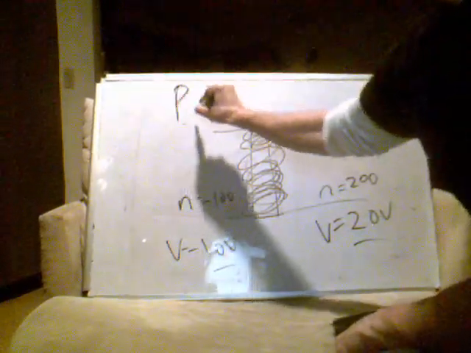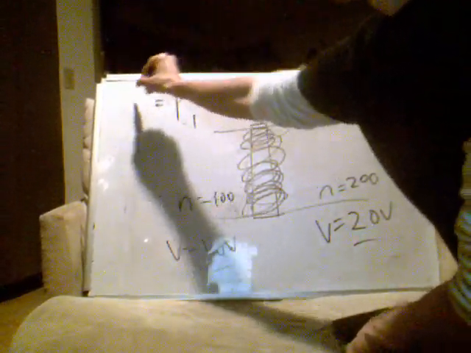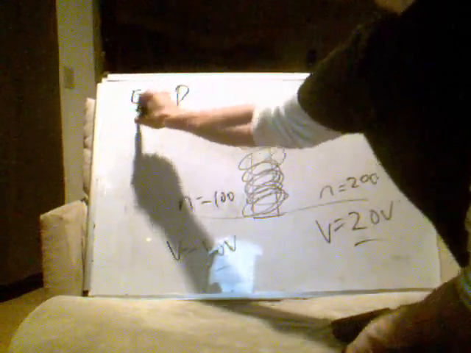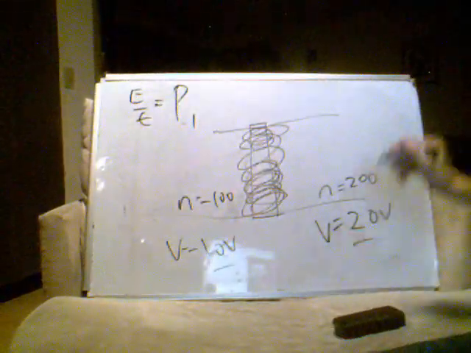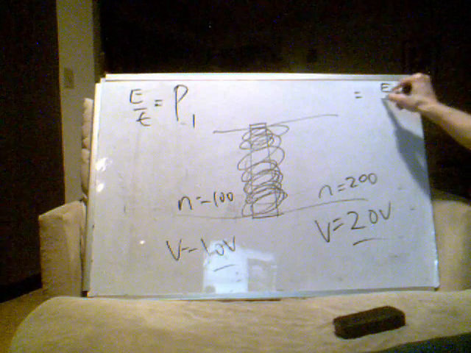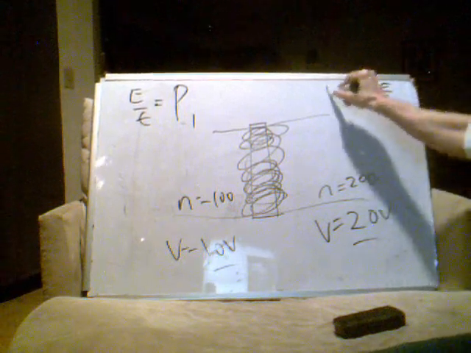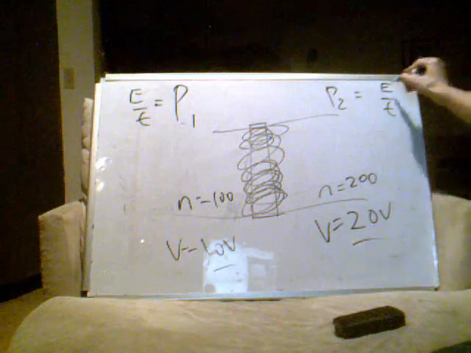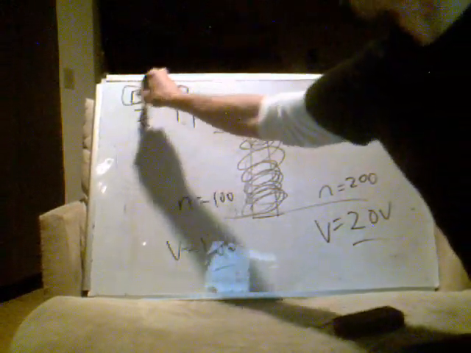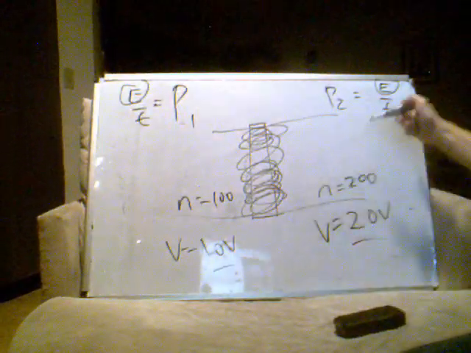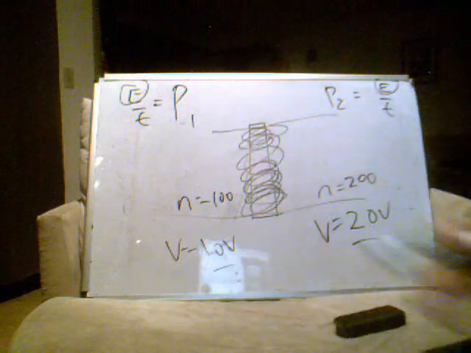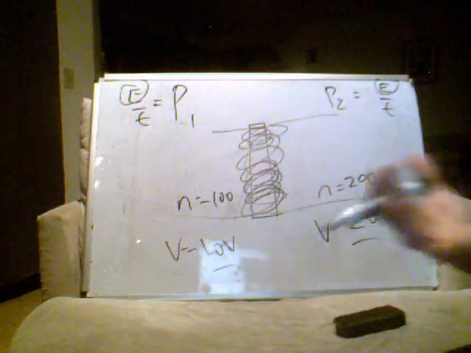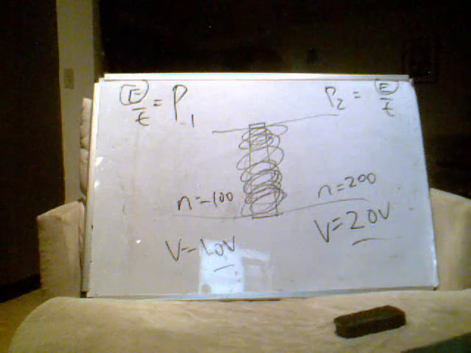Now I'm going to assert that power, because power is energy per unit time, right? And presumably, if the energy per unit time is going to stay the same between 2 points, then energy is going to remain conserved, right? Because obviously time is going to be invariant in both of these locations, right? Okay.